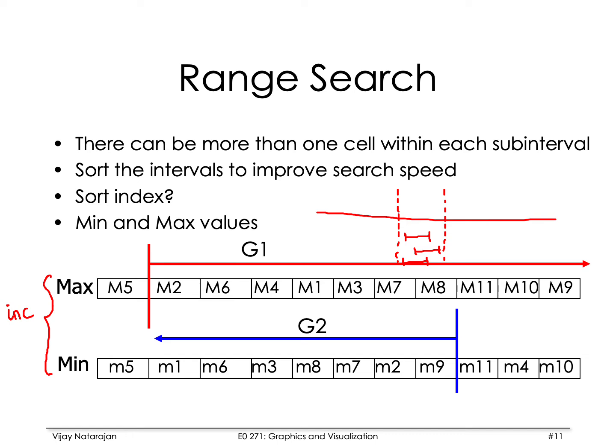So we want to report all the intervals whose max is greater than the ISO value, which is shown here. And when we look at the min array, we want to report all the intervals whose min is smaller than the ISO value. Let's call this G2. What we want to report is the set of intervals that lie in both arrays. So G1 intersect with G2. This is what we would like to report.